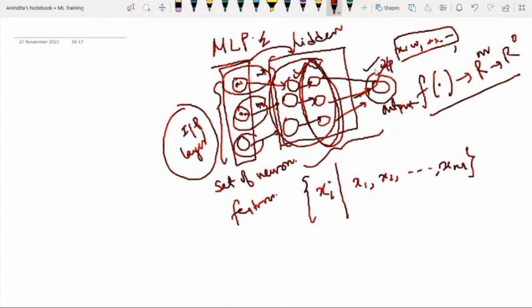Now here the question is, what is the main question over here? Whatever activation function we are using over here, we have multiple kinds of activation function. So now after understanding the basic architecture of the neural network, there will be two terms associated with it: one is activation function and one is bias.